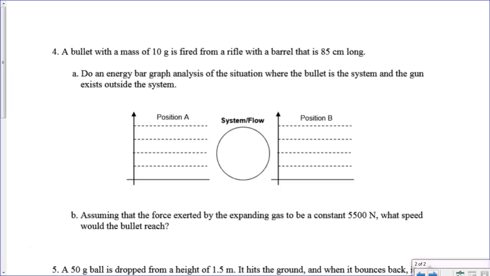When the bullet is in the barrel of the gun, its height is staying relatively constant. So we're going to say that zero reference line is right where the bullet starts, which is even with the height of the gun. And therefore, I would not say that it has gravitational potential energy because it's not really moving up or down as it goes through the barrel of the gun. So there's not really anything here in terms of its original energy.